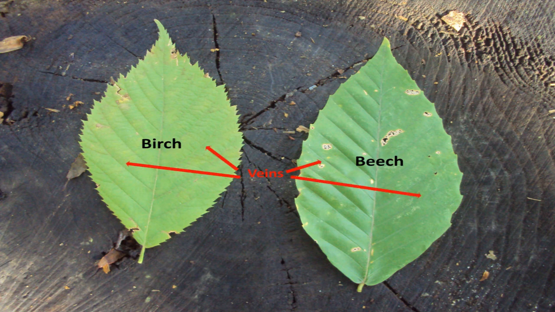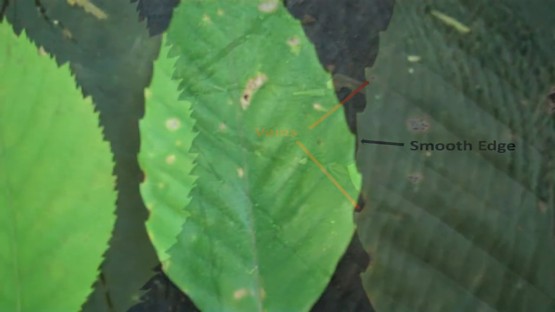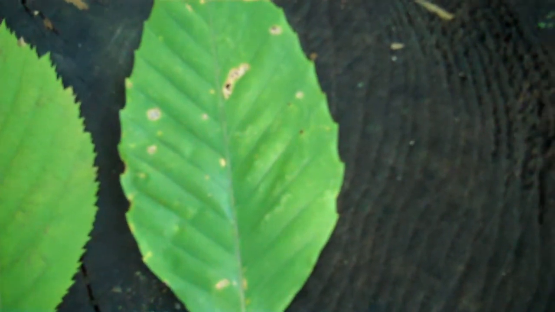You'll notice on the beech leaf, the secondary veins go right to the edge of the leaf, and where they meet the edge of the leaf, there's a little point, a little bump that sticks out. The space between the veins, the edge there, is smooth, so we have kind of a scalloped edge that's smooth except for the bumps made by the veins, or the points made by the veins there.